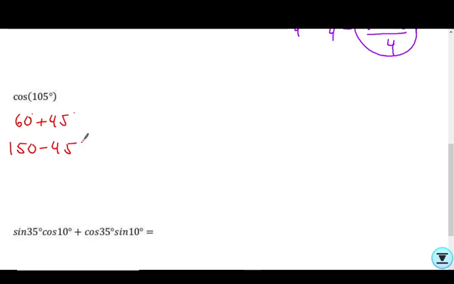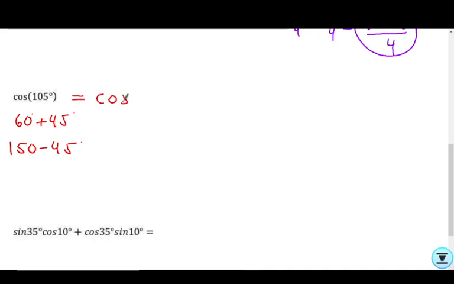That's another way. There's going to be a ton, but those would probably be the two easiest. So you could either do it as a sum or as a difference. Does it matter? Not really. So I'm going to keep it simple and do 60 plus 45.